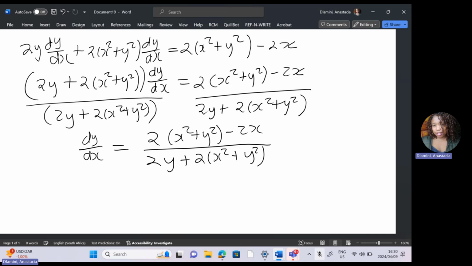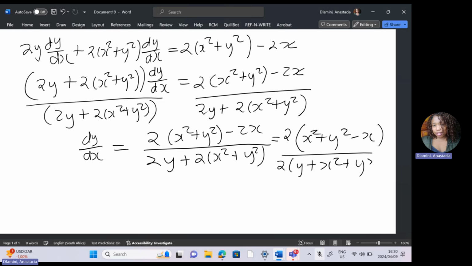Now from here, you can notice that we actually have a 2 in almost every term in the numerator as well as the denominator. So we can factor out the 2. So let's take out the 2. Then we remain with x squared plus y squared minus x. At the bottom, we also take out the 2, so we remain with y plus x squared plus y squared.